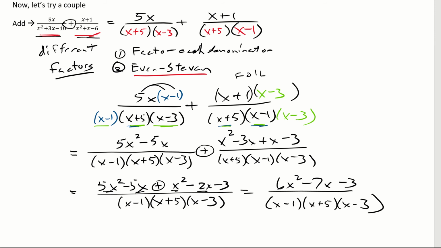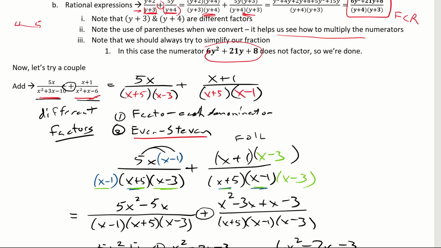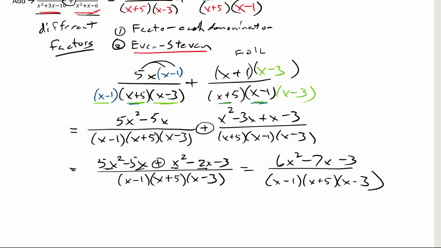You'd like to say you're done, but you always have to, and I wrote it up here somewhere, always try to simplify that fraction. I don't know what's going to happen. I'm going to try. So this top trinomial here, let me give it a shot. 6 is 1 times 6, 2 times 3. Minus 3, of course, is minus 1 times 3, or 1 times minus 3.